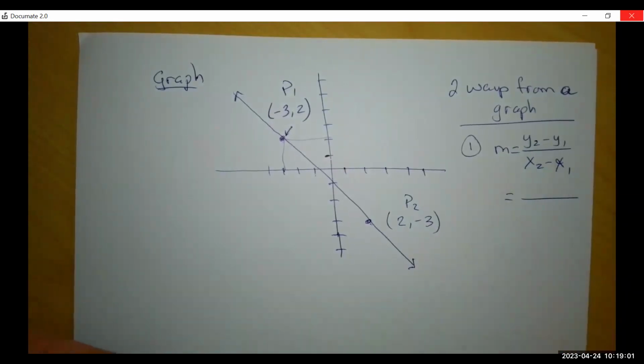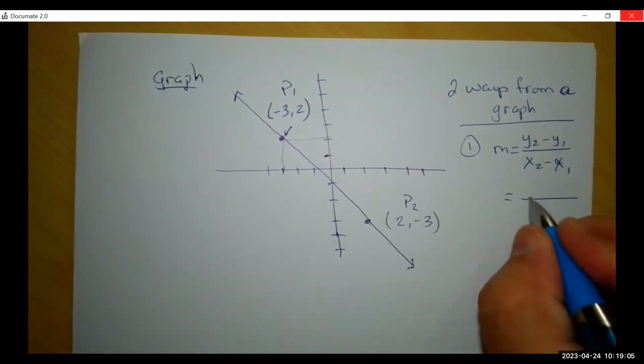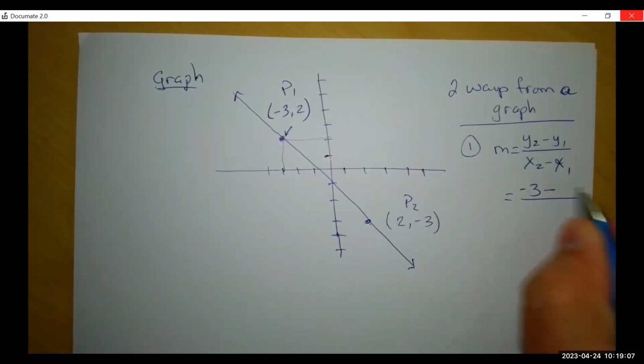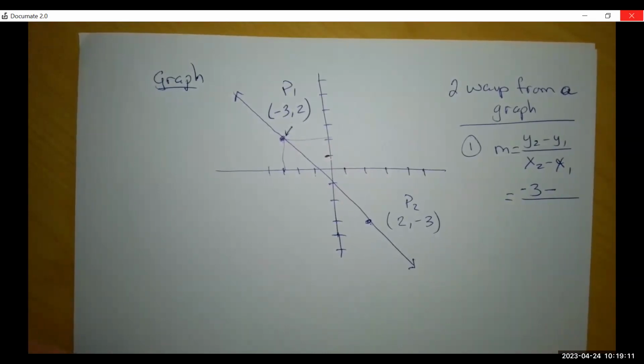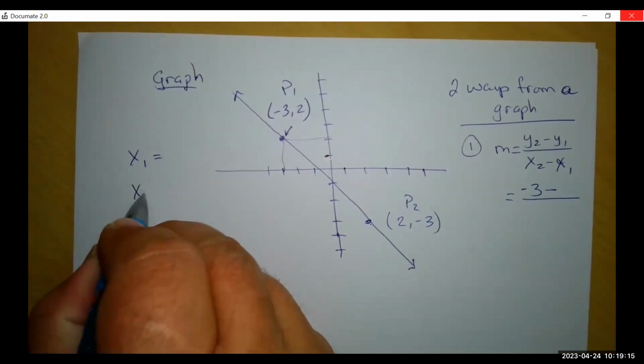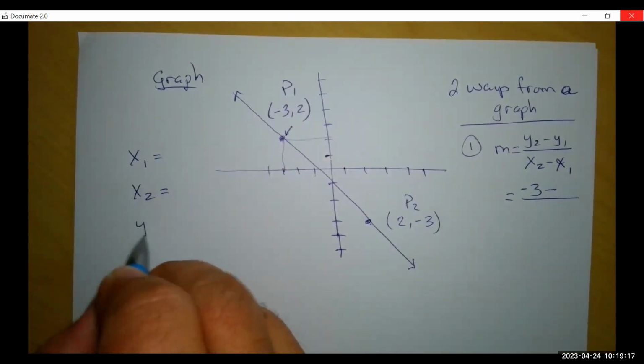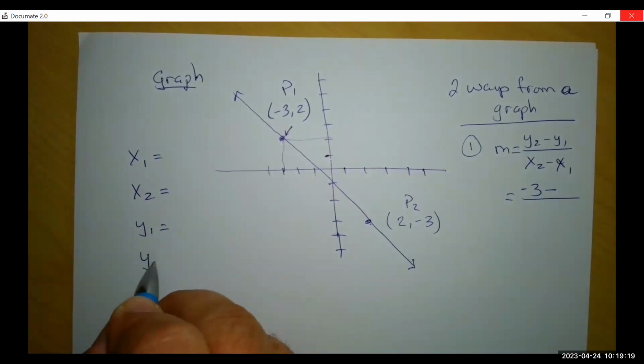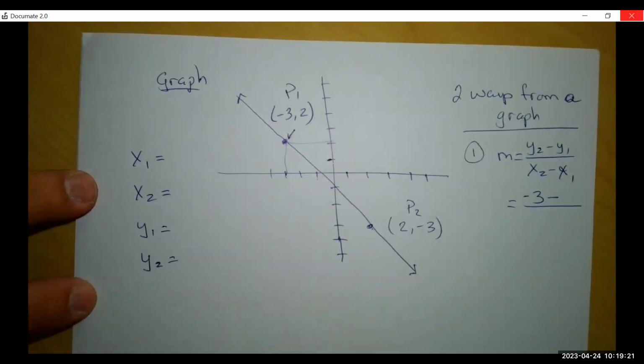What's y2? -3 minus, what's y1? See, this is why it's easier if you do this first. Because once you define these, finding the slope, finding the equations of lines, finding anything is much easier. You just have to reference these locations.